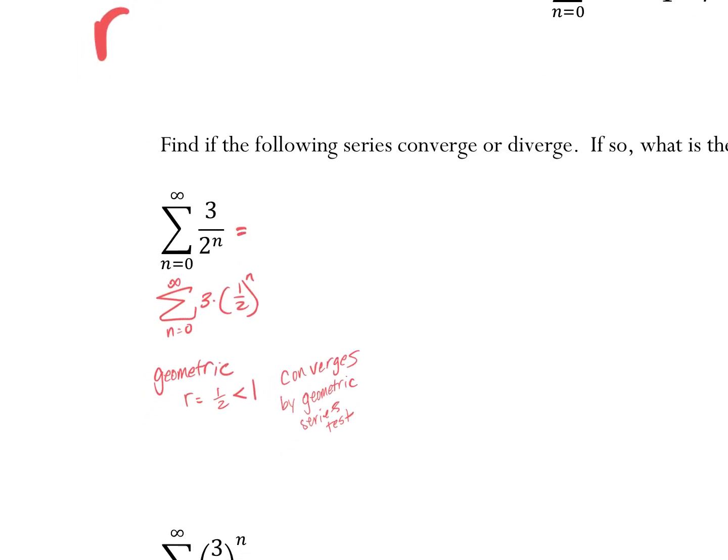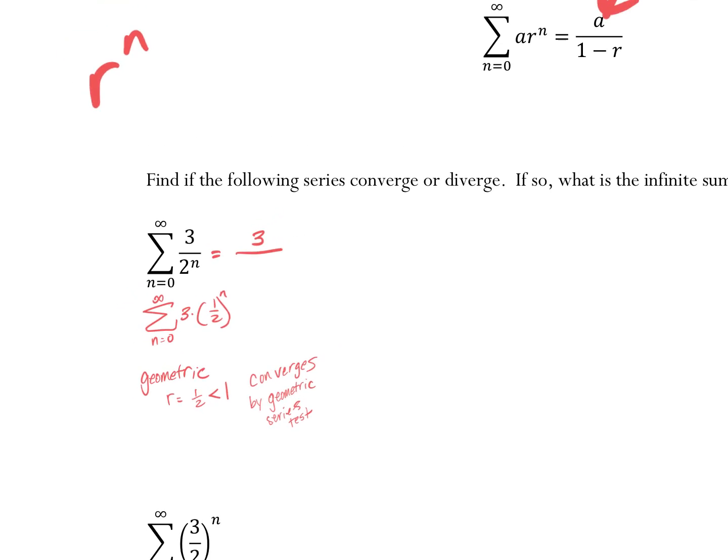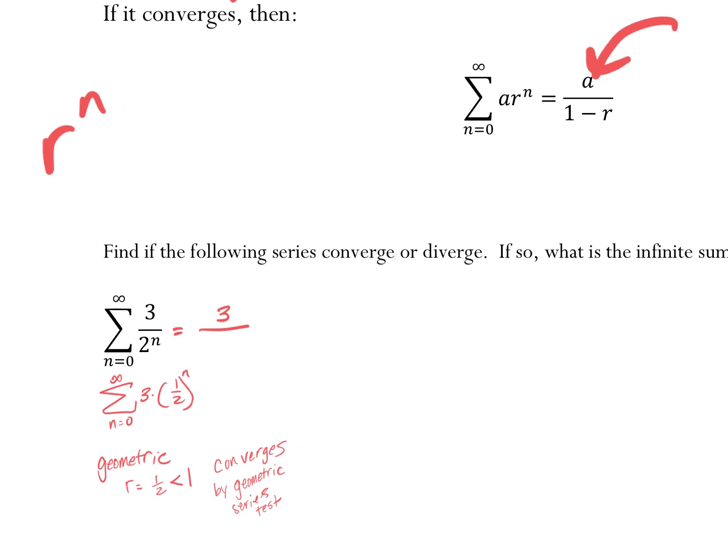Well, it would equal 3 over... if I want 3 times 1 over 2 to the n, it would be 3 over 1 minus 1/2. It's this formula. And you use that formula every time? Yes, for geometrics.